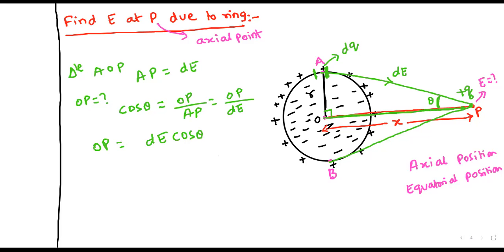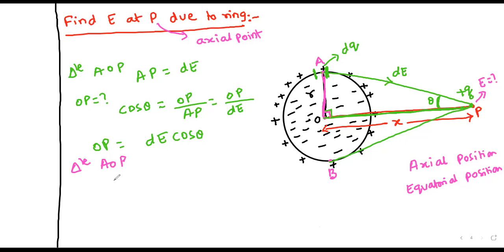If they ask to find the equatorial point, that is in this direction, then I will consider OA, that is dE sin theta. Now, in the same triangle, at O it is a right angle.